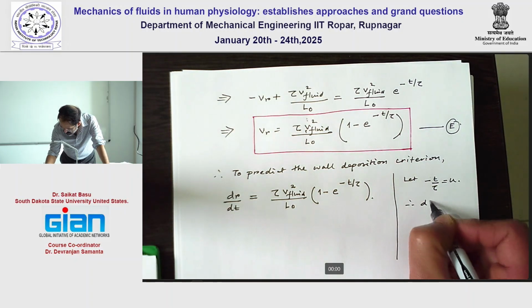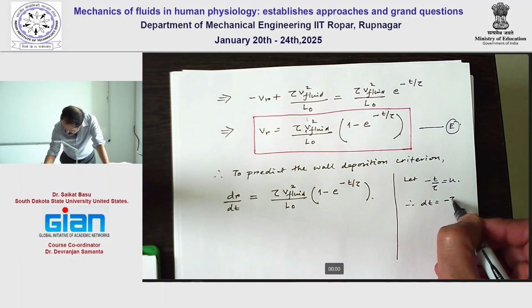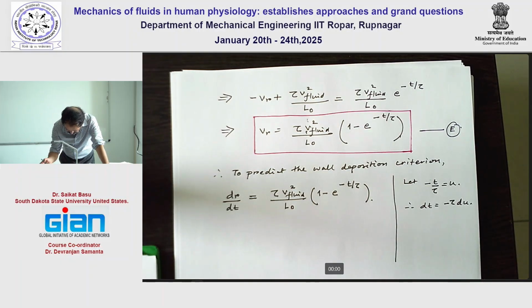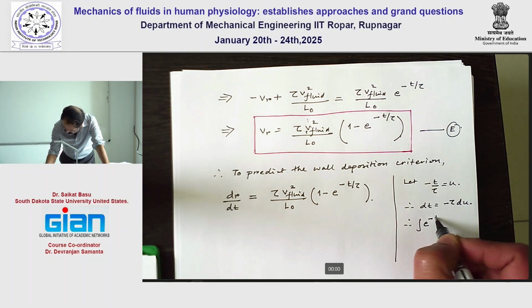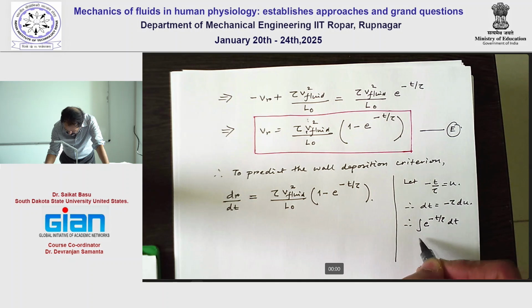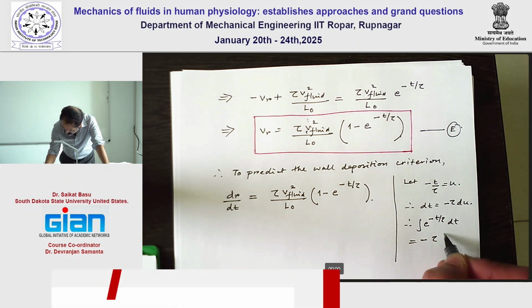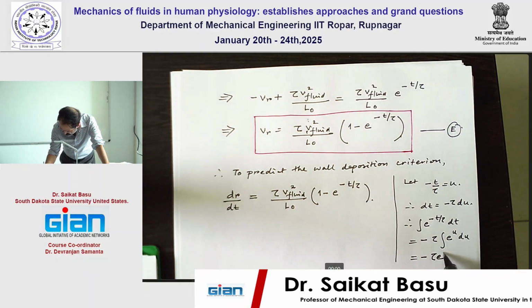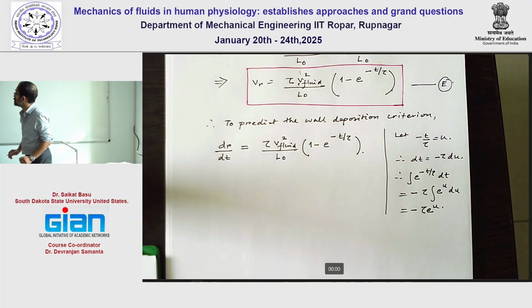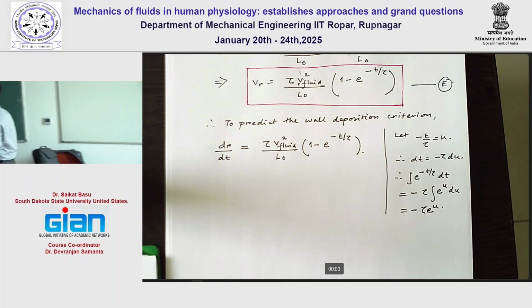Therefore dt is minus tau du. So the integral of e to the power of minus t over tau dt is minus tau e to the power of u du, or minus tau e to the power of u, with u being minus t over tau.